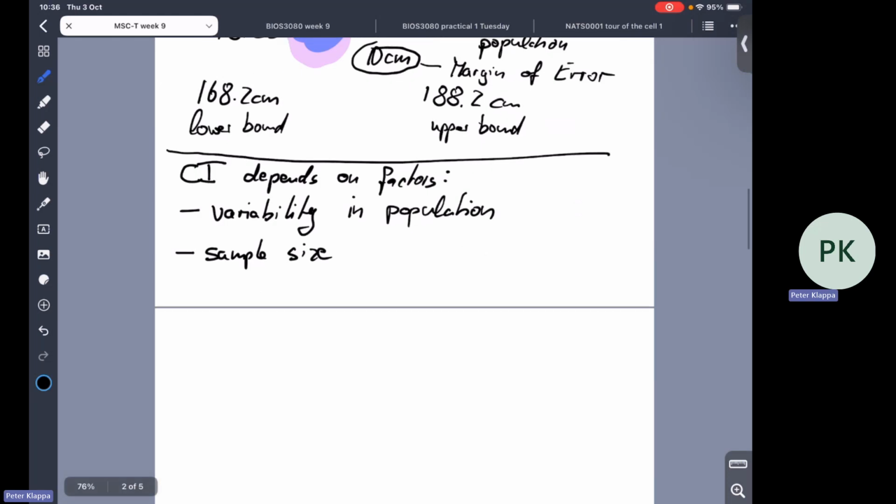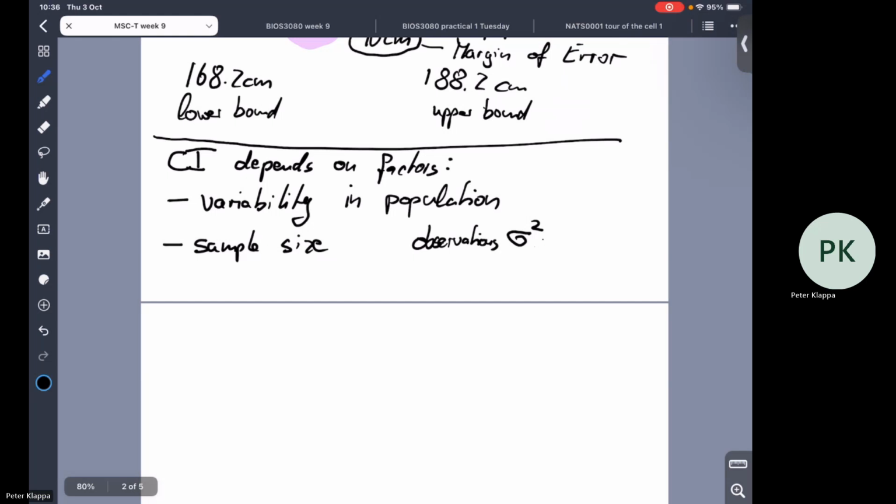So for what we have done, observations, we said the variance sigma squared equals the sum of our observations minus mu squared, divided by n.